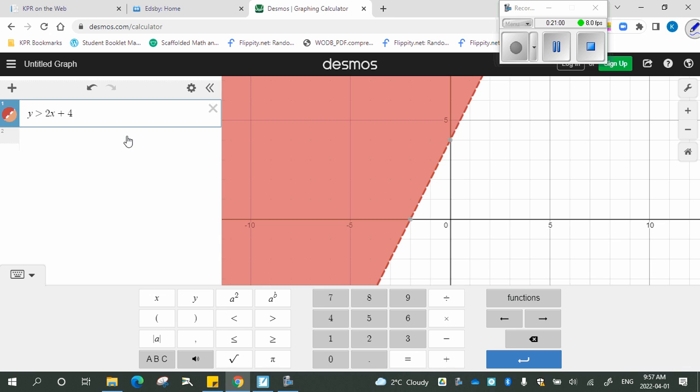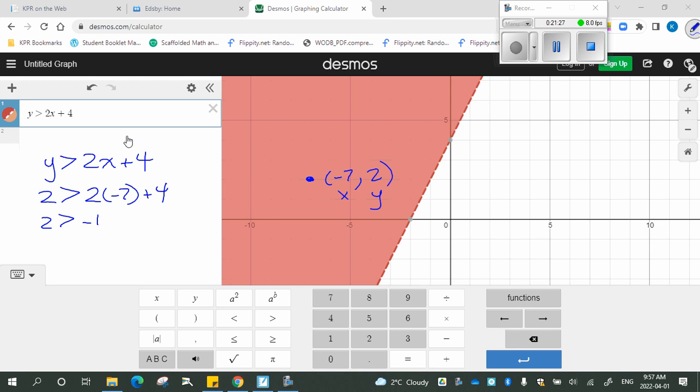So let's think about this point here. This point is (-7, 2). And we're thinking about the y value being greater than 2 times x plus 4. So our y value here is 2. We're hoping 2 is going to be greater than 2 times -7 plus 4, so 2 is greater than -10.